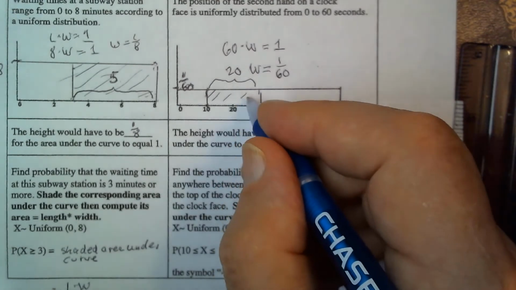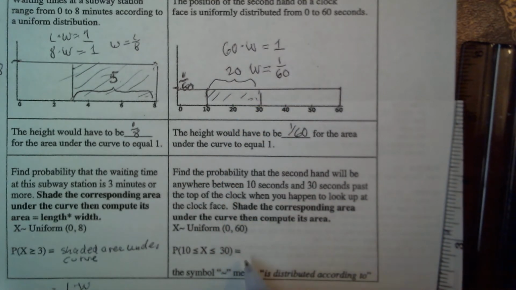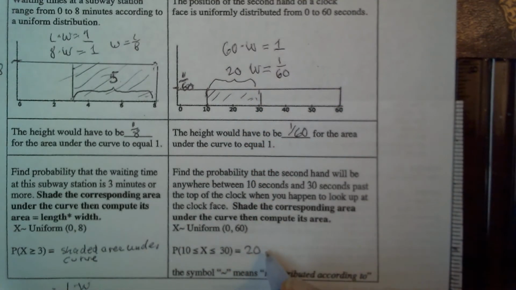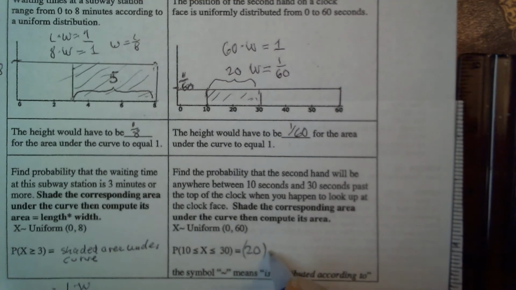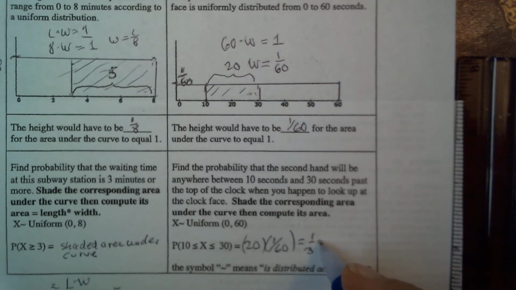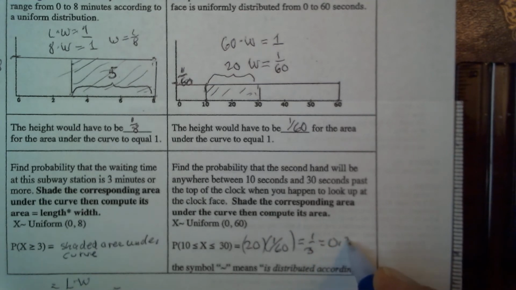And so it would be 20, and we know that the height is 1 over 60. So that would be equal to 1/3, or 0.333.